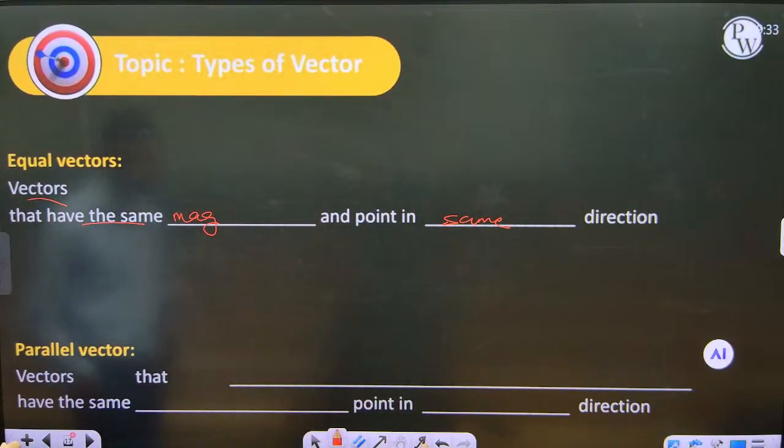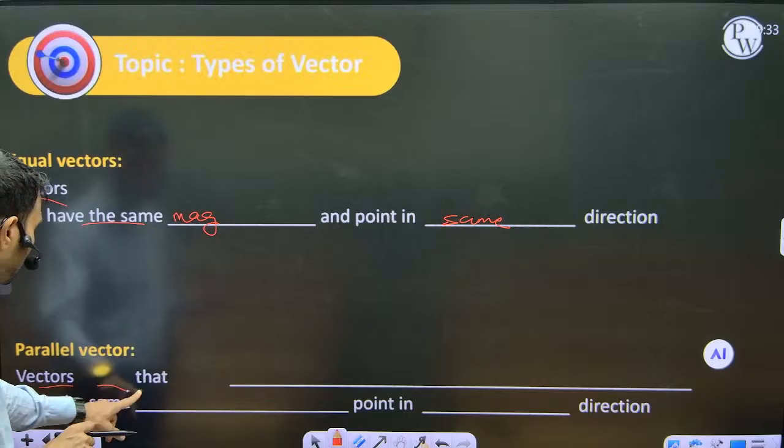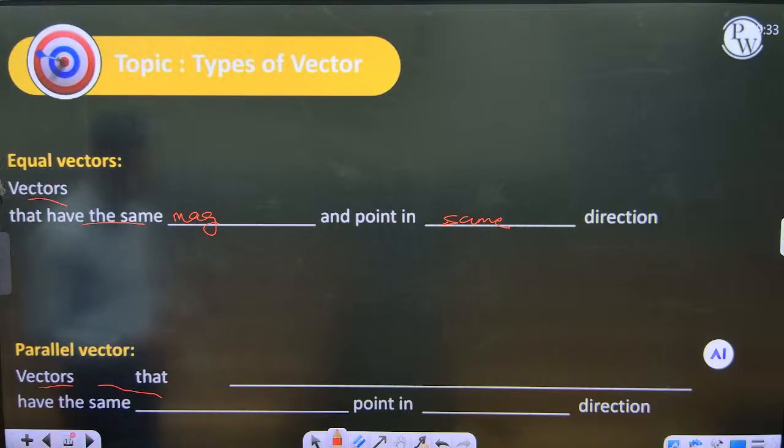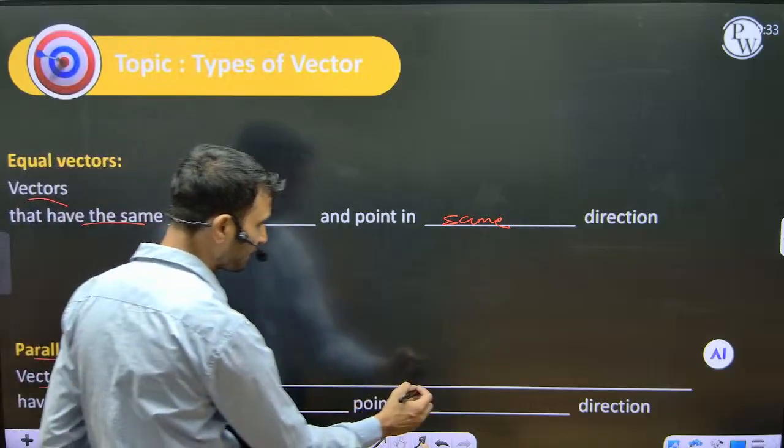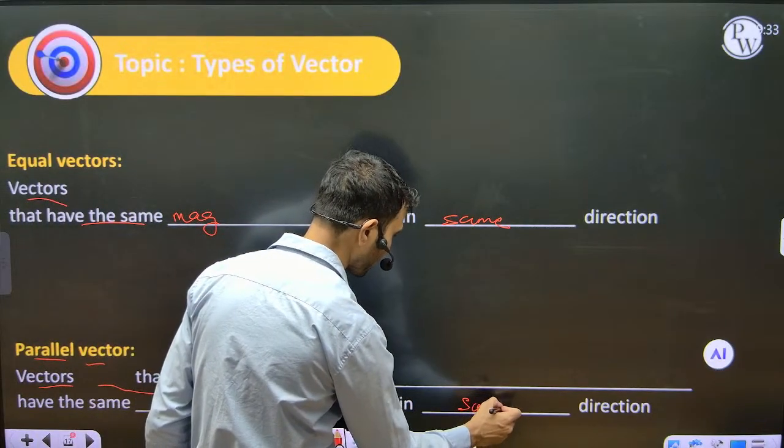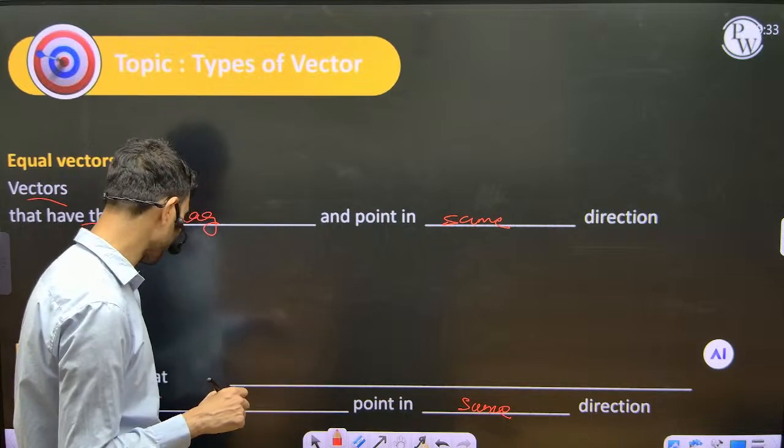And what are parallel vectors? See, parallel vectors means they point in the same direction, right? So direction is sure. What can you say about the magnitude?